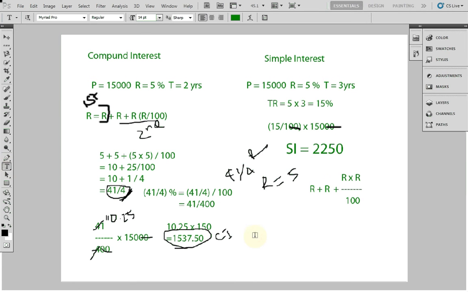So 10.25 plus 5 plus 41 by 4 into 5, 205 divided by 400, gives 15.25. You all know that.